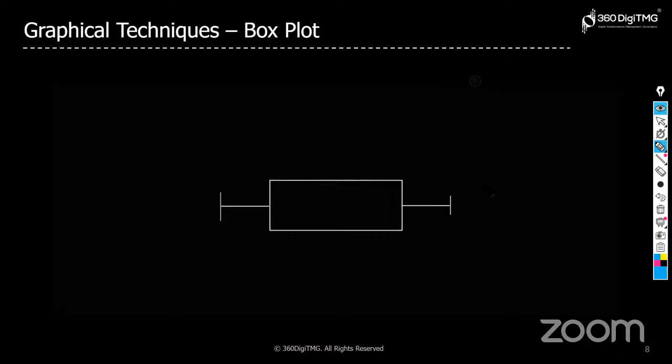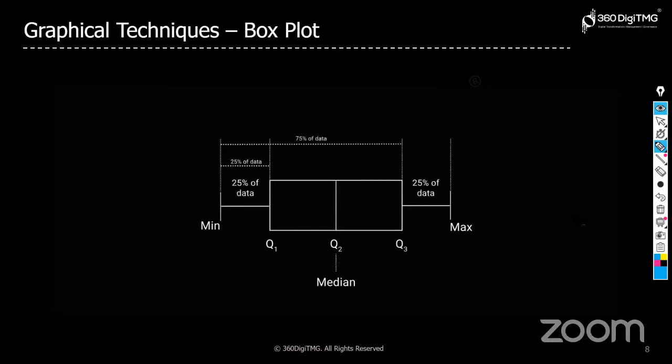Values above Q3 plus 3 into IQR and below Q1 minus 3 into IQR are treated as outliers. So this is how we treat outliers in a box plot.